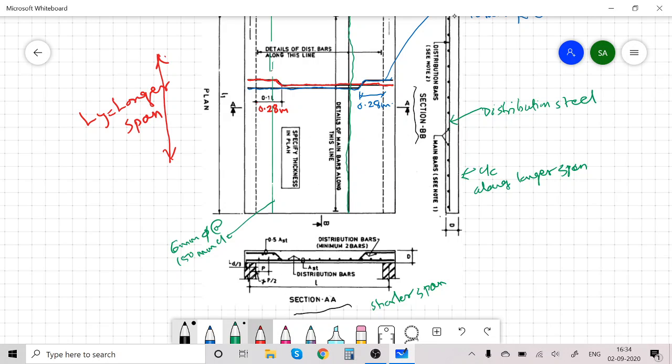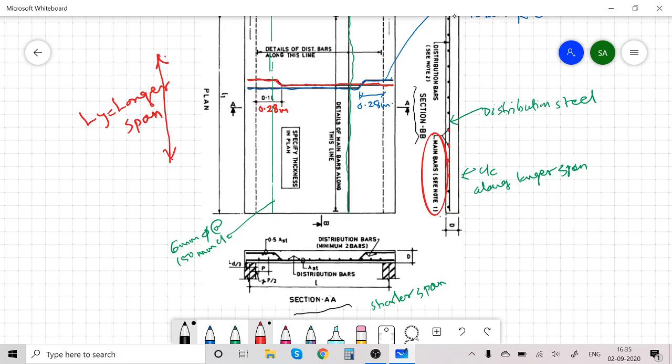Whereas these dots you can see in the cross section below this distribution steel is the main steel. Similarly, here you will see that along shorter span at the bottom there is main steel, whereas these dots indicate distribution steel.